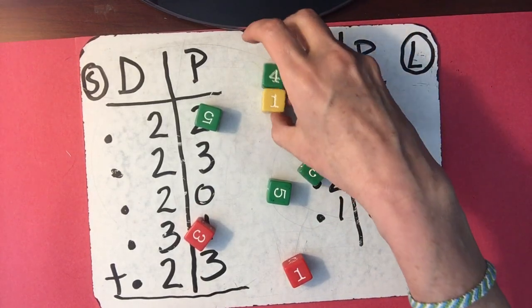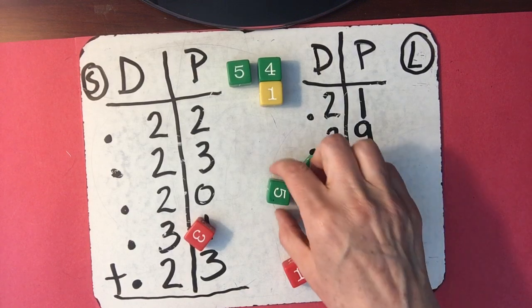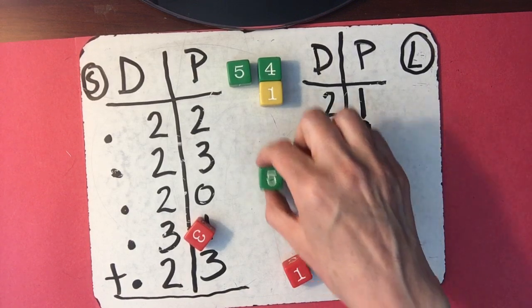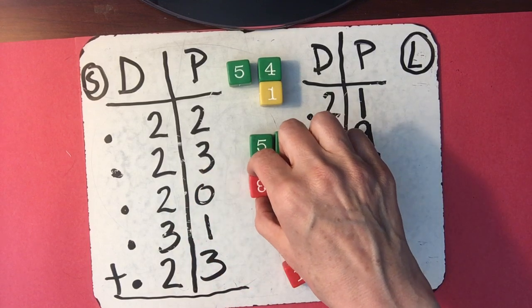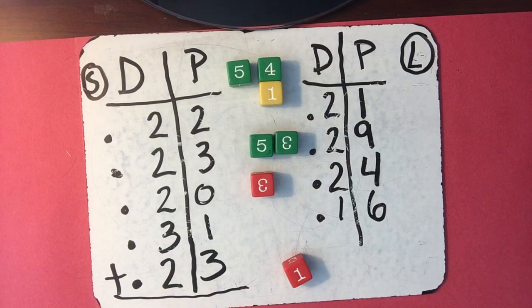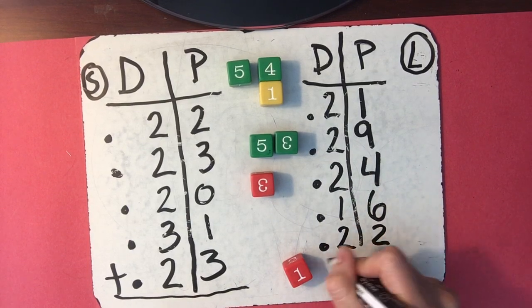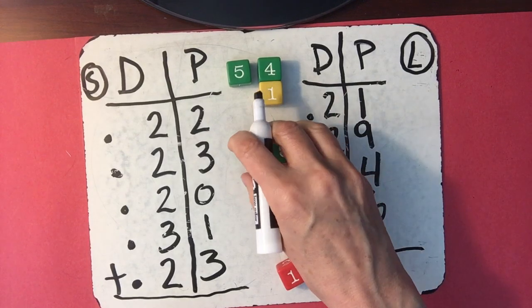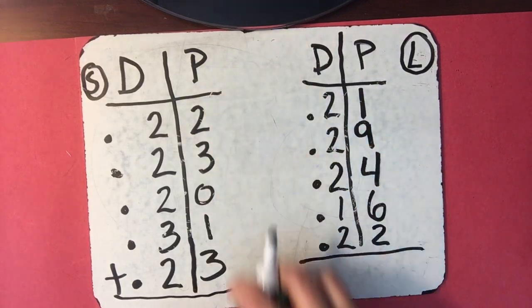Okay, I got a 10, and there's an 8. So I have 10, 18, 19, 20, 21, 22. So I got a 22. Okay, so let's see who got the biggest number.